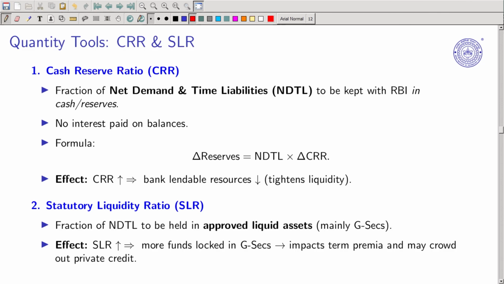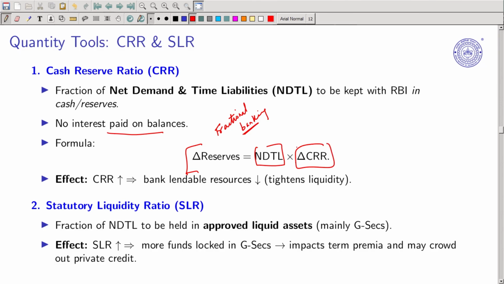This is what I told in the beginning, that whatever banking we are doing, we call it fractional banking, right. A fraction of net demand and time liabilities is being paid. No interest is paid on that balance. The formula is delta reserve equals NDTL multiplied by the CRR percentage.